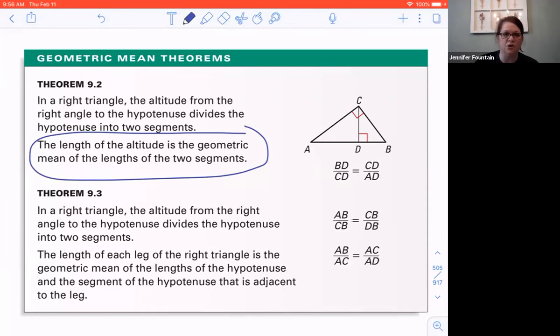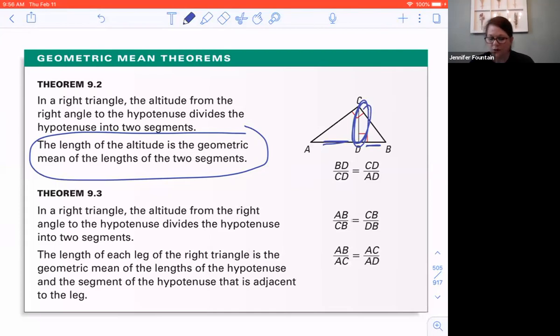Okay, so they've gone ahead and told us that when an altitude has been drawn from the right angle to the hypotenuse, then I know that the altitude will be the geometric mean. So when I set it up, I can say that BD is to CD as CD is to AD. Okay, so I can compare those two sides.